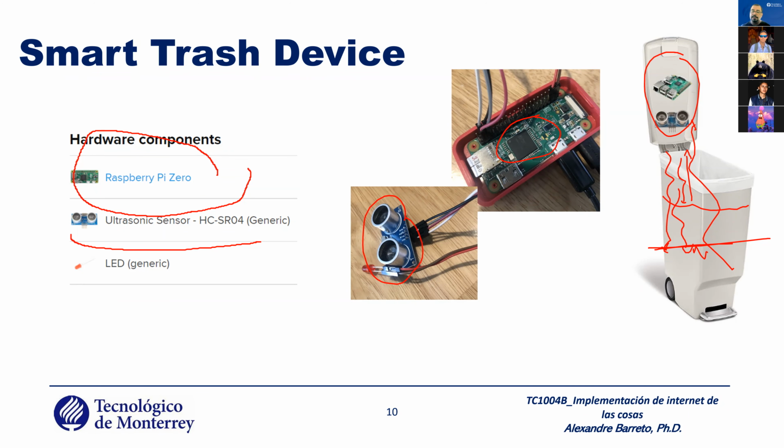The other thing is that the school has a considerable number of Raspberry devices. And because our course is very short, the idea is to use Raspberry to make the final implementation easy. But you can use the Arduino too.